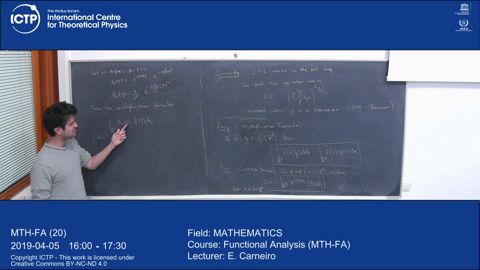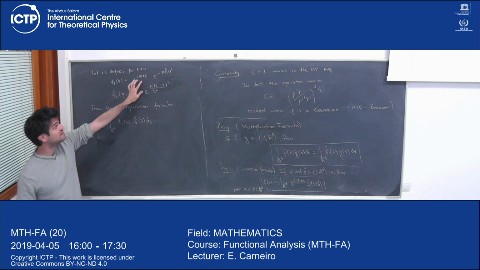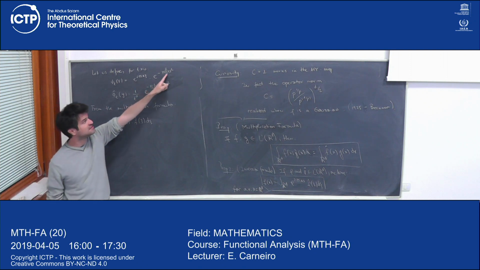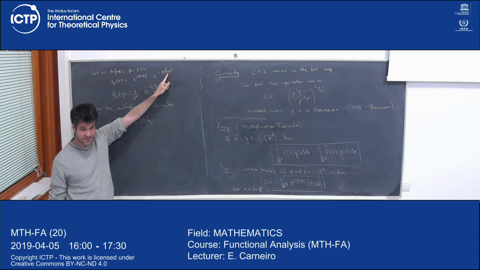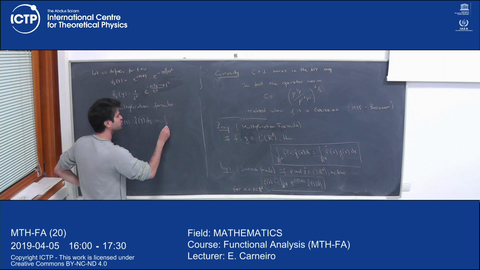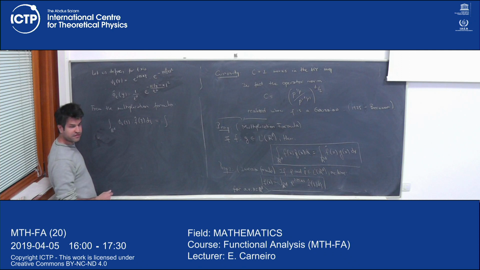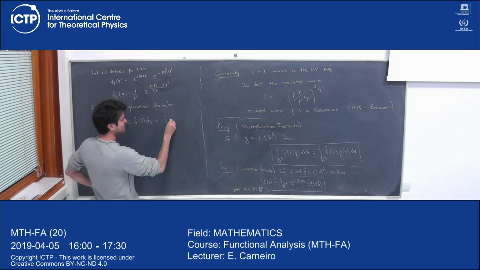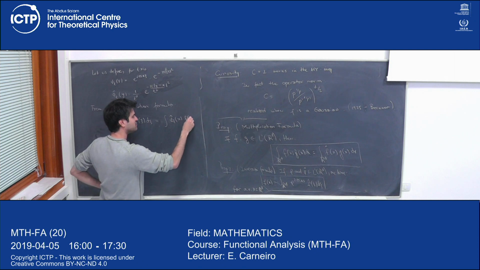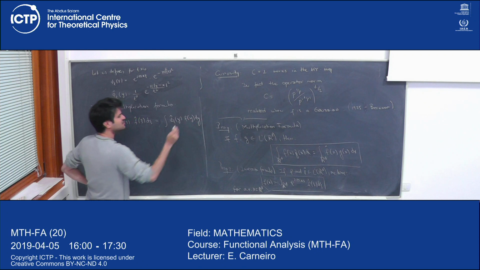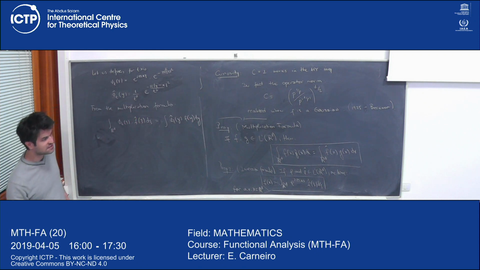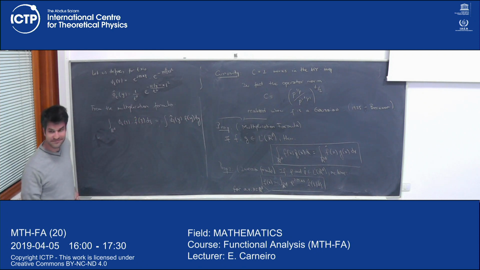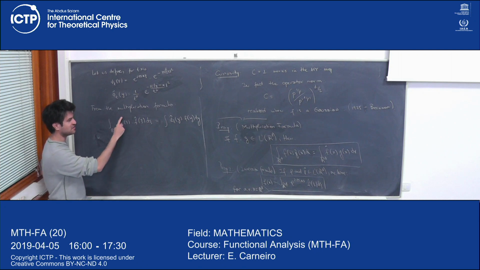Phi t of c is integrable because although I have something of modulus 1, this decreases fast. This is a Gaussian. So this is equal to the integral of phi t hat of x, f of what we're calling here y. So this is the multiplication formula. I move the Fourier transform to this one.